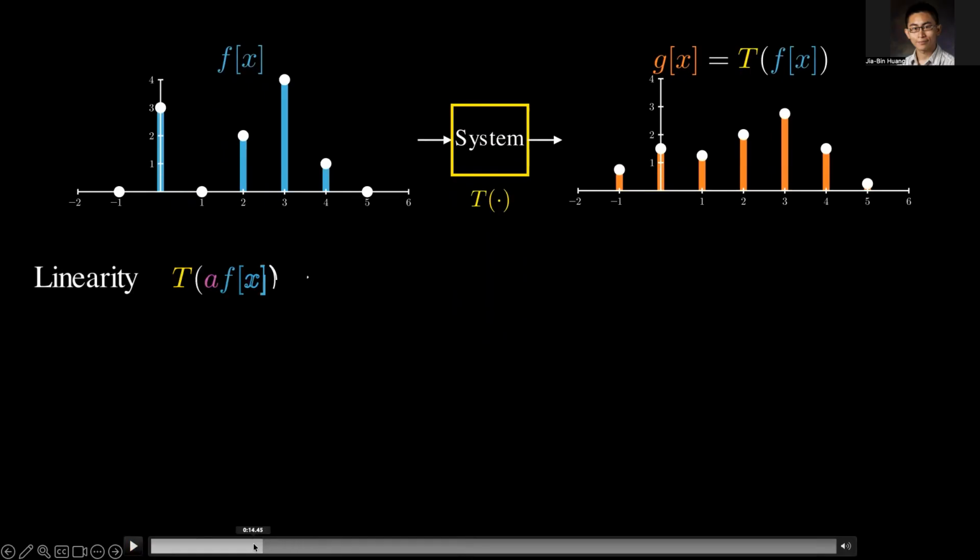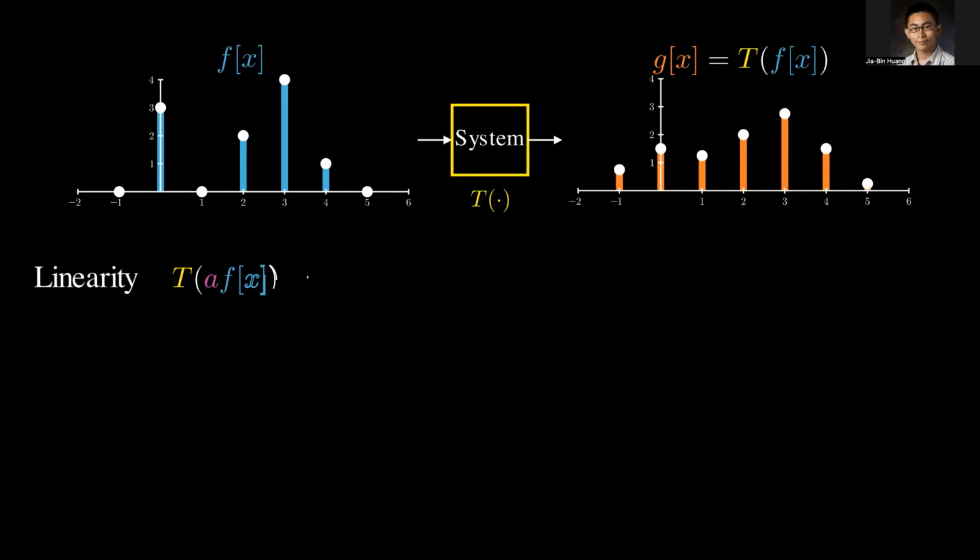One particular type of transformation we really like, that allows us to characterize the system very easily and has a lot of nice properties, is called a linear and shift invariant system. So what does that system look like?